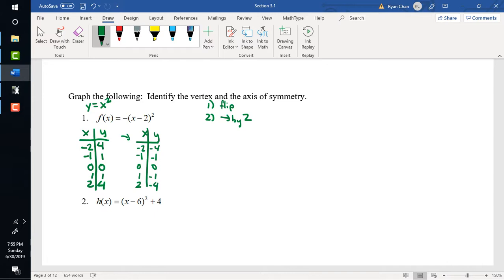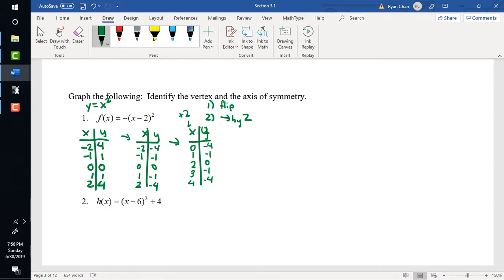And then the next step, I'm going to go to the right by 2, so that means I'm adding 2 to x. Those are my points, okay?